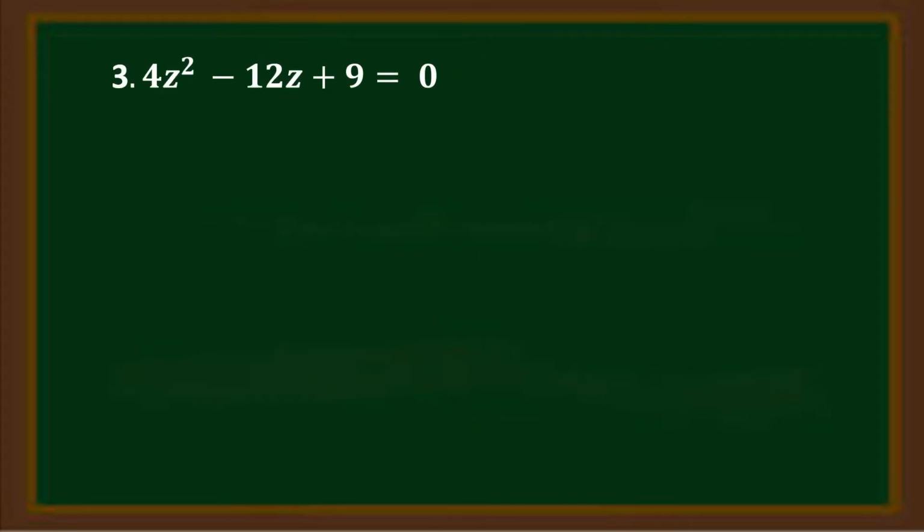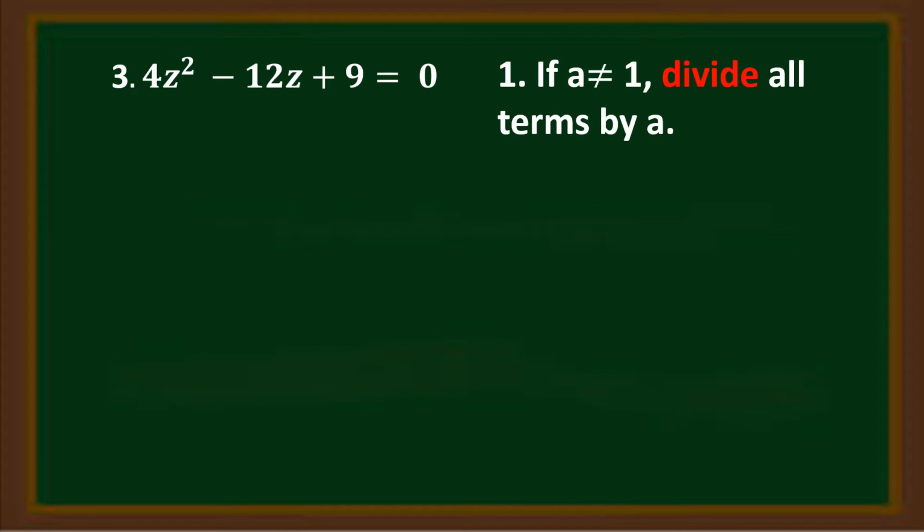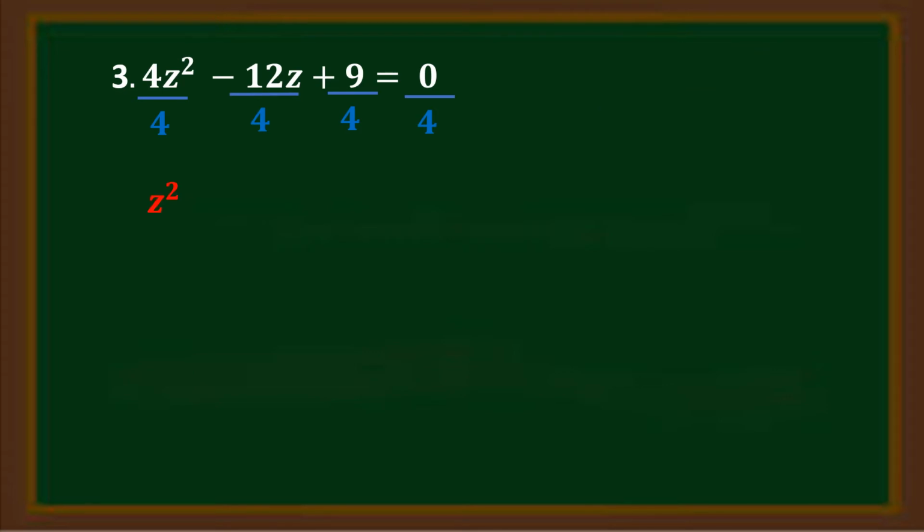Our next equation is 4z squared minus 12z plus 9 is equal to 0. For the first step, if a is not equal to 1, divide all terms by a. And here, a is equal to 4. So we'll be dividing all terms by 4. For z squared divided by 4 is z squared.